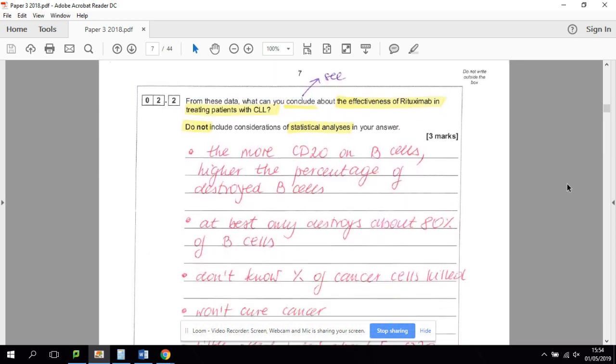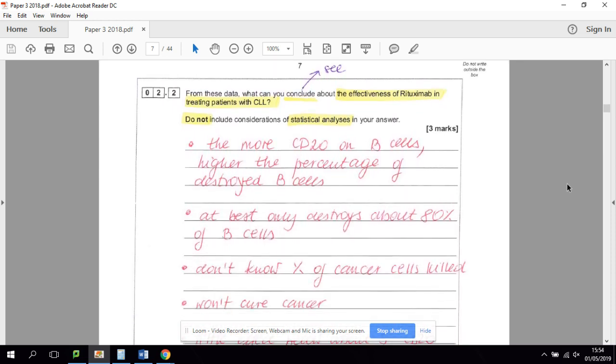So what we can see is, the more CD20 on B cells, the higher the percentage of destroyed B cells. Correct, we see that from the graph. At the best, it only destroys about 80% of B cells. Correct, you can see that on the graph. We don't know what the total percentage of the cancer cells is within the experiment.